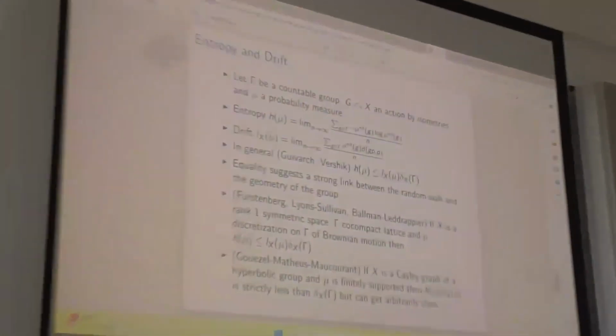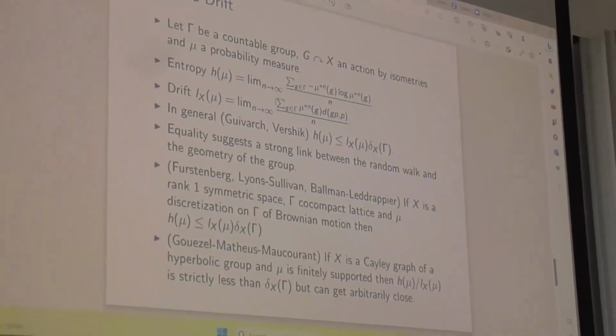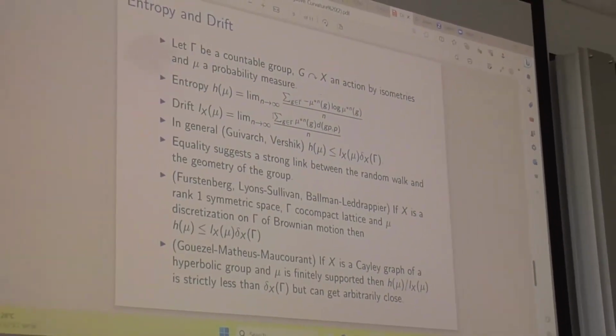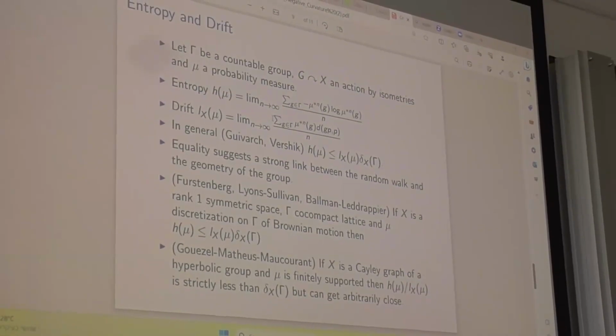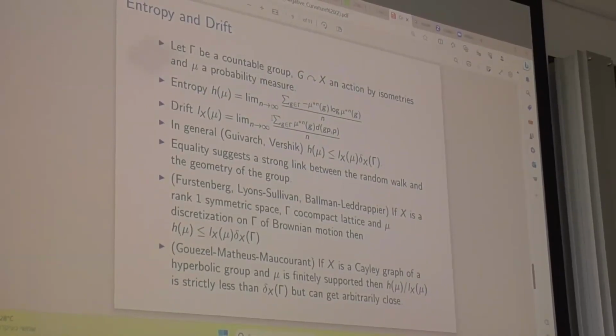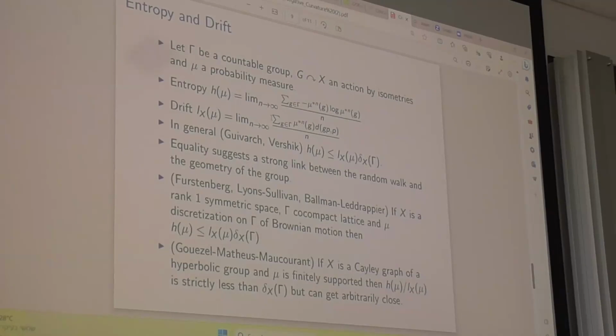So just a brief remark: what are entropy and drift? This makes sense for any random walk. The entropy is an intrinsic measure of how fast the convolutions of these random walks grow, and this depends only on the measure.